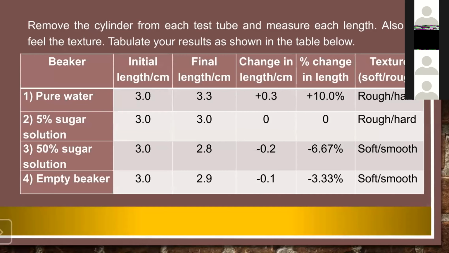Therefore, pure water must be hypotonic. Since we know it is pure water compared to the tissue, we say it is hypotonic compared to the tissue. Now let's look at the tissue in the empty beaker. What happened to it? It reduced.